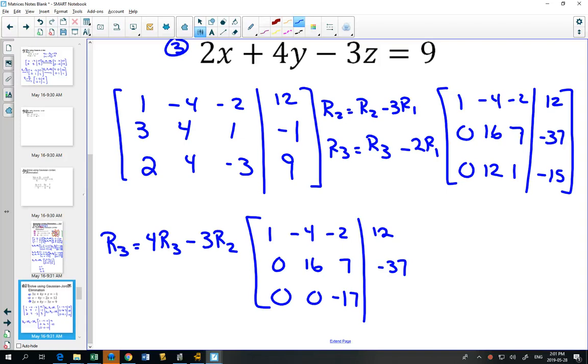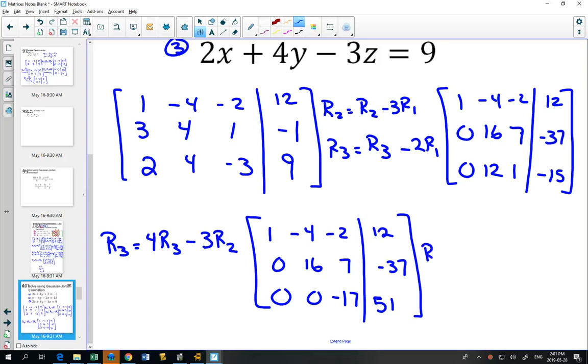And 4 row 3s, this would make this negative 60, minus 3 times 37, 111. Right? Negative 60 plus 111 will be positive 51. I don't like this. I really don't.